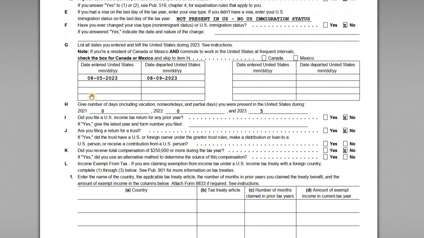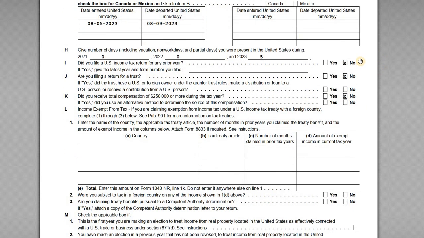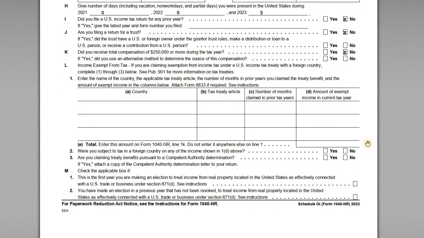In question G, enter the dates you entered and left the U.S. So Adam did visit the U.S. in August for a few days, so he's entered that information there, and the number of days, full days, partial days in the U.S. was 5. Did not file any tax returns for last year. This is not a filing for a trust, and he did not receive compensation of $250,000 or more during the year. And so all these other questions can be left blank, right?